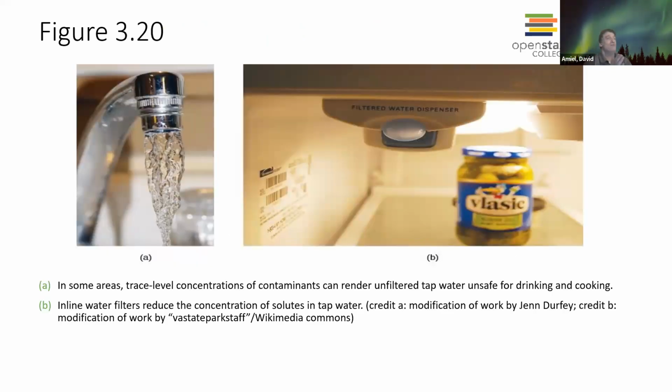So let's talk about the last unit of concentration, which is ppm, ppb, ppt, as I was saying. These are very common units in the environment. If you want to know the concentration of lead in your tap water, that would be given in ppb.